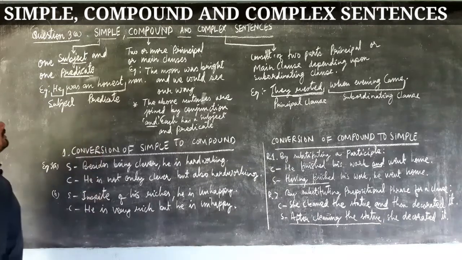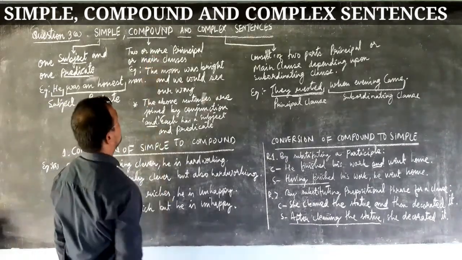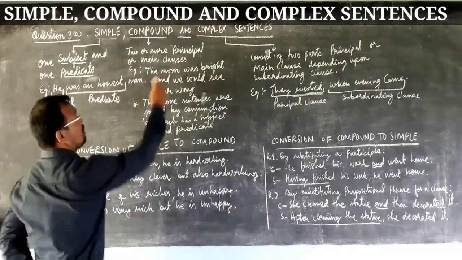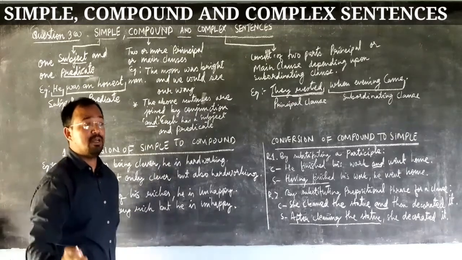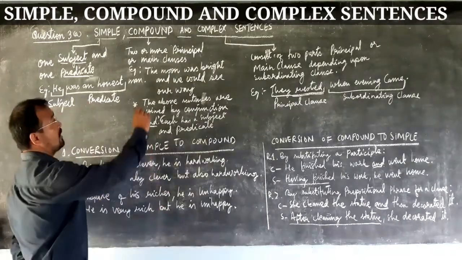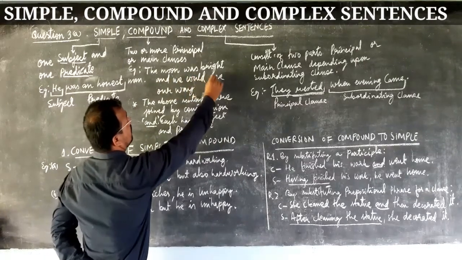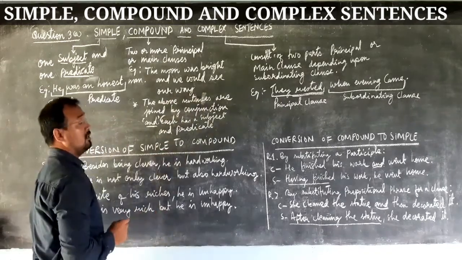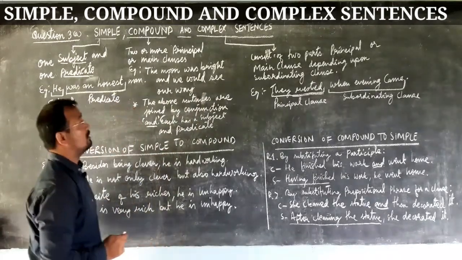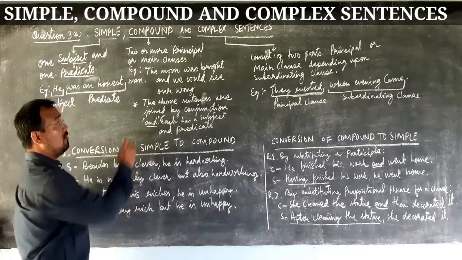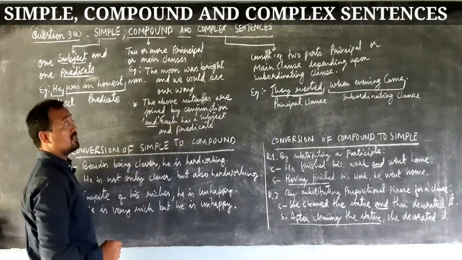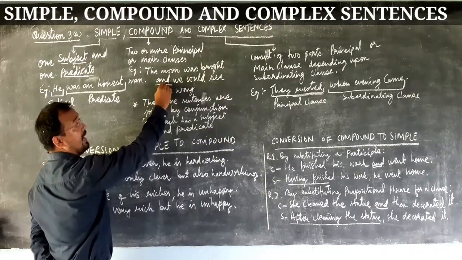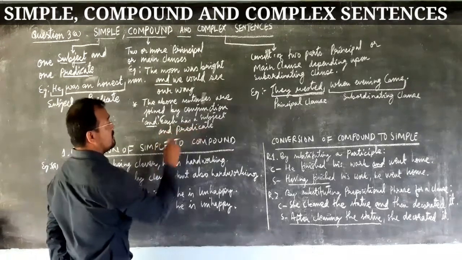Okay. Next one, you have compound sentences. Compound sentences consist of two or more principal or main clauses. For example, you can see here, the moon was bright and we could see our way. The above sentences are joined by a conjunction. Here there are two sentences joined by the conjunction and.